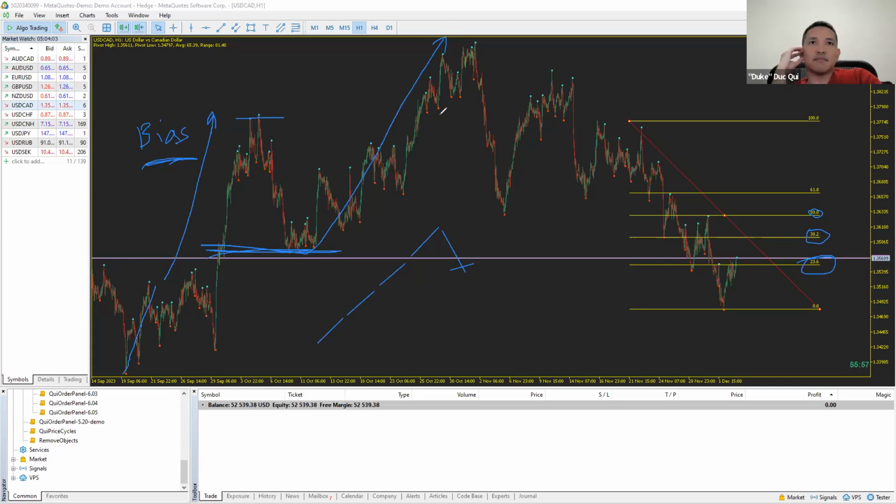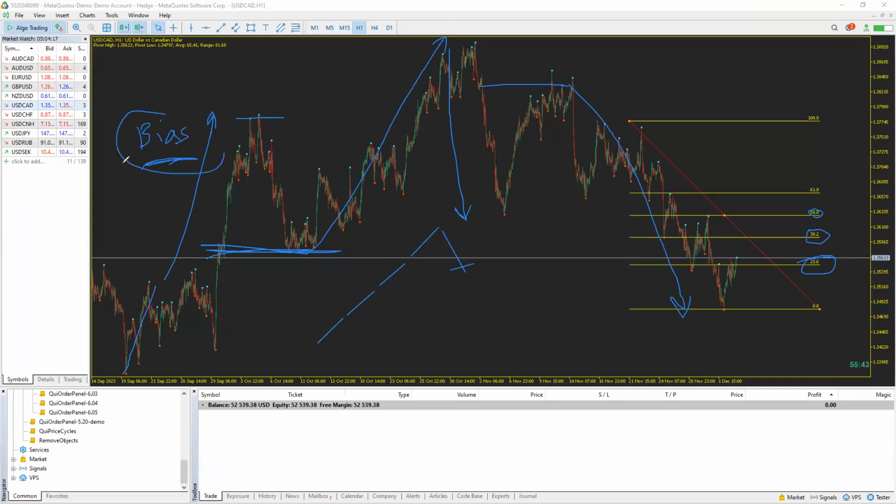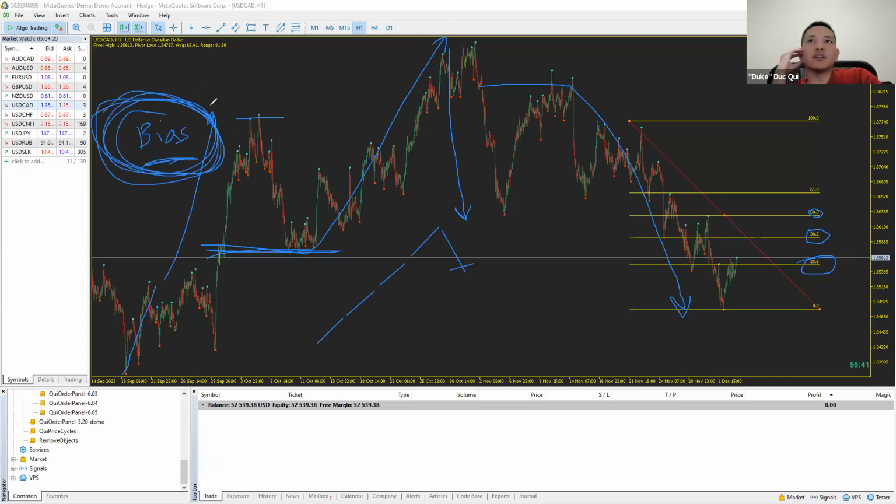Does this make sense? Yeah. And look what happened when it went down. The farther it went down, it came back to 78, 62, and went down even more. The further it goes, the more the bias changes.